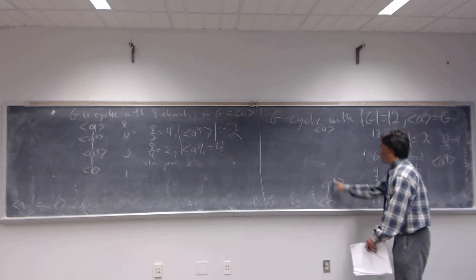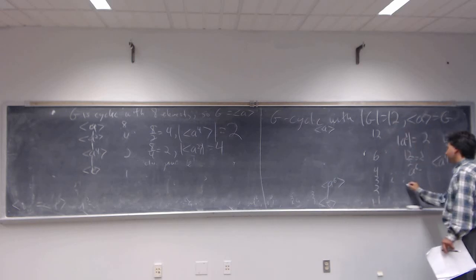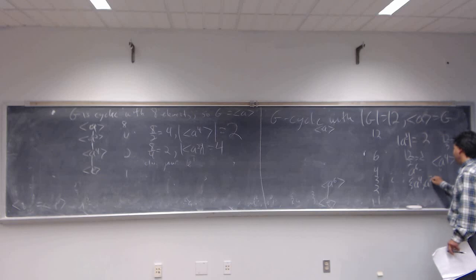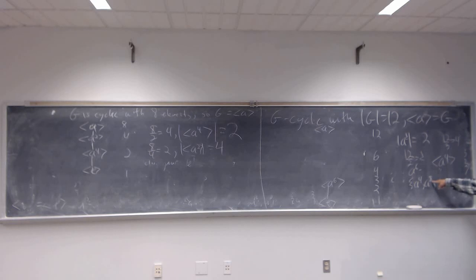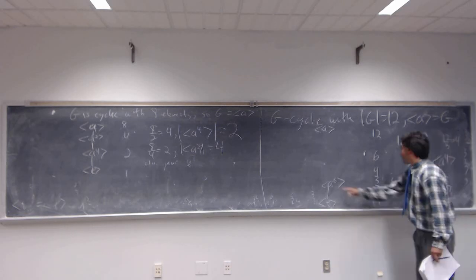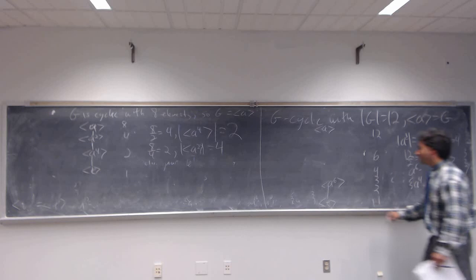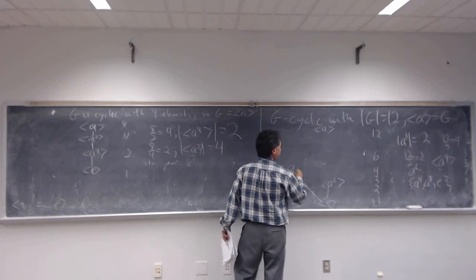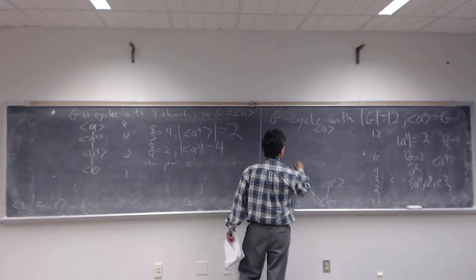What is in A to the 4th? A to the 4th, A to the 8th, and one more A to the 4th will give us A to the 12th, which is the identity. A to the 6th is just A to the 6th and the identity, so there'd be no overlap, so maybe I'll draw it up here at this level is A to the 4th.